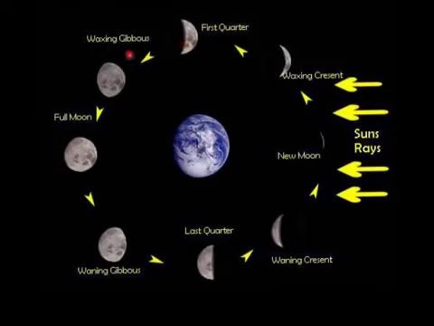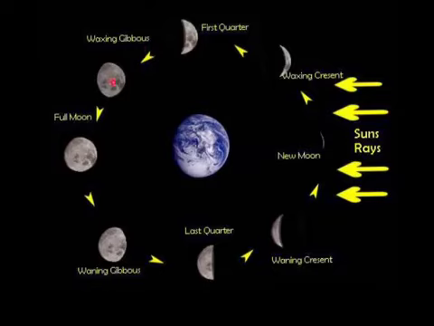About a week and a half into its orbit around the Earth, the Moon is continually getting larger. Notice that we went from seeing nothing to seeing a little bit to seeing more, and every night the Moon grows a little bit. And so the next phase is called a waxing gibbous. Waxing means that it's growing larger each night.